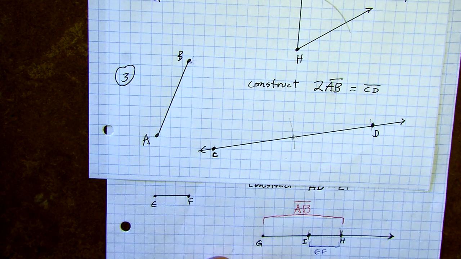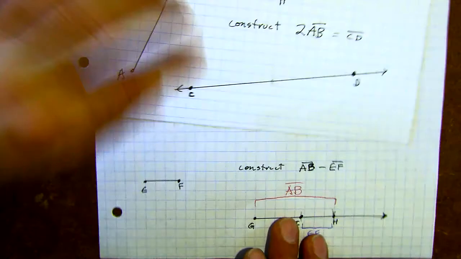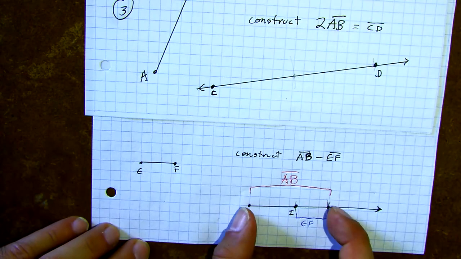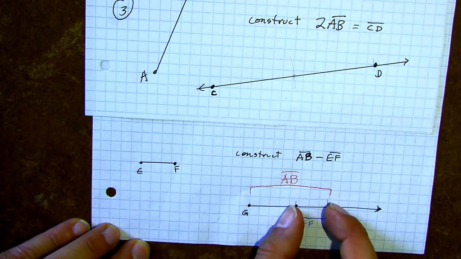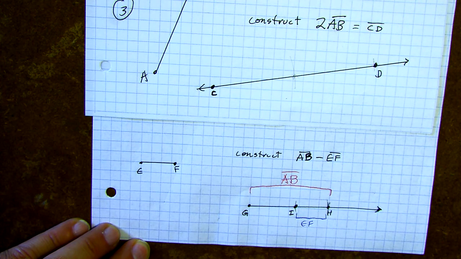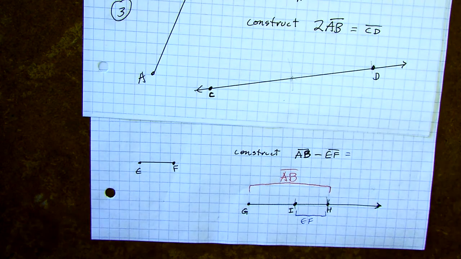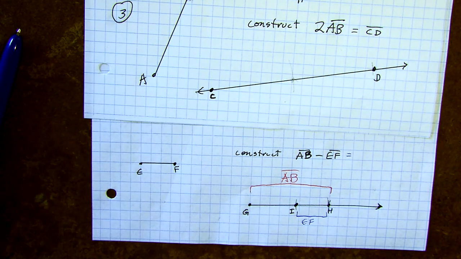Okay. You see what we've done is basically just used AB that we had before. We constructed AB, we constructed EF in between from one of the endpoints. And now what this actually equals, AB minus EF, is equal to this little part here.